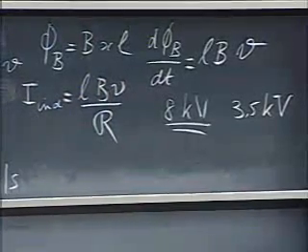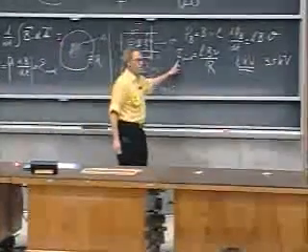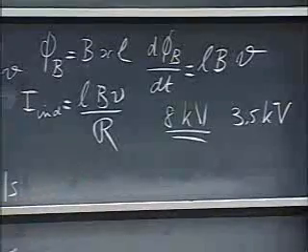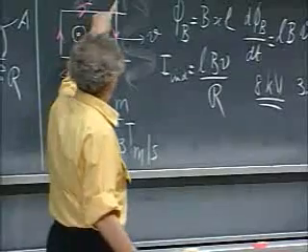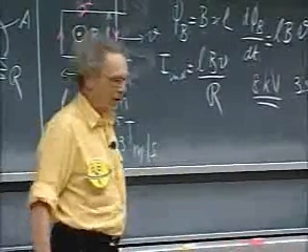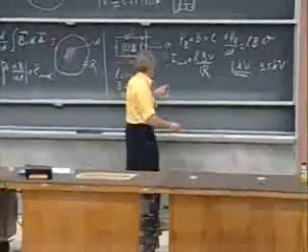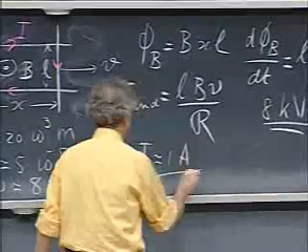The thing that NASA could not predict very well was the current, because you do not quite know what the resistance is of that closed loop. You know what the resistance is of the cable, but you don't know what the resistance is of the currents as they flow through the ionosphere. But the net result was that they had a current I in their wire of about 1 ampere.